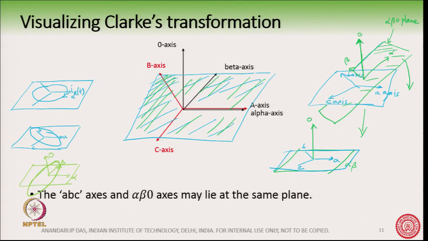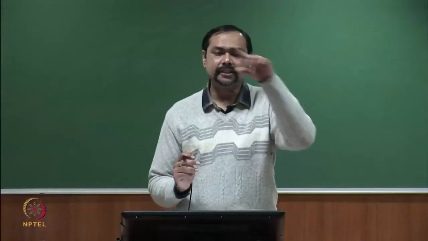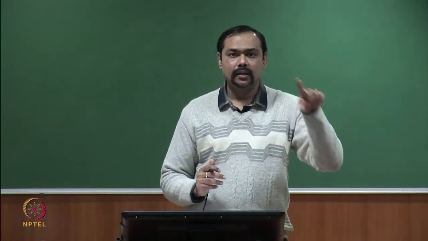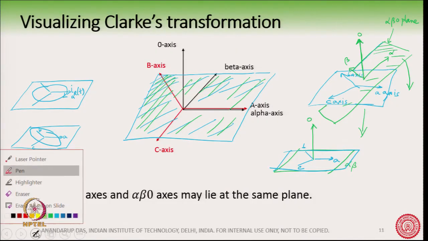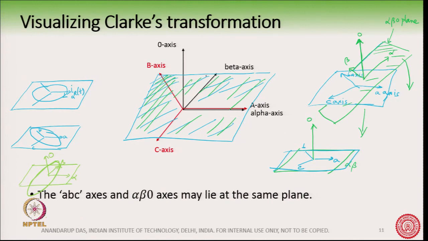That space vector is rotating in 3-dimensional alpha beta 0 space.